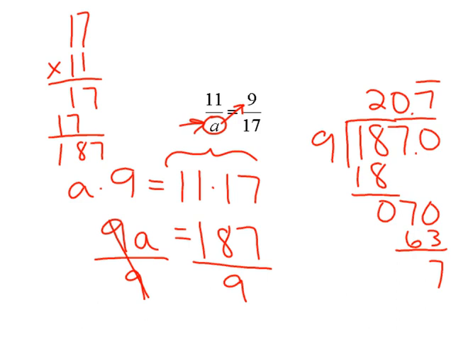So my answer for a is 20.7 repeating. And I just checked this one in my calculator, so I know for a fact it's true. But a is equal to 20.7 repeating.